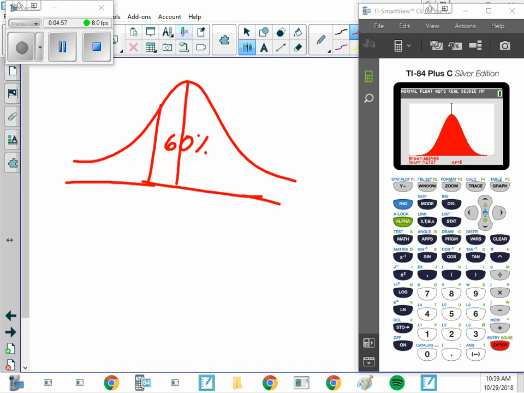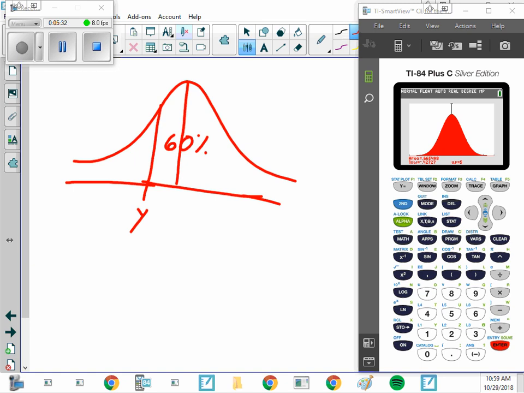Okay. Now what? Who's confused? I want a value that says 60% of males have leg measurements higher than what value? So I want some y value that represents the spot where 60% of the people are bigger than that number. So how do we do this?